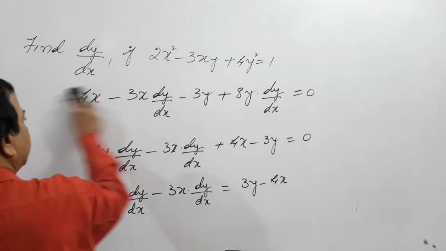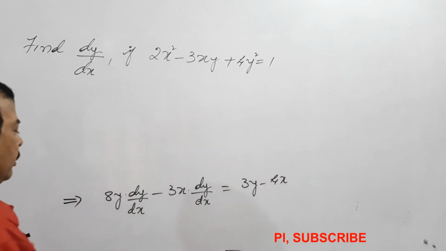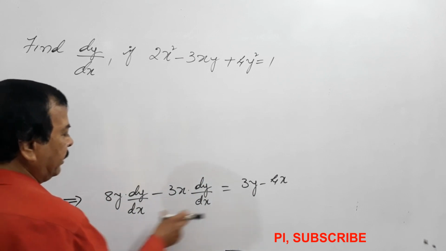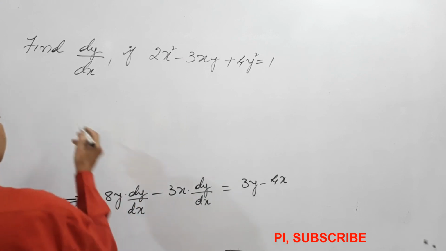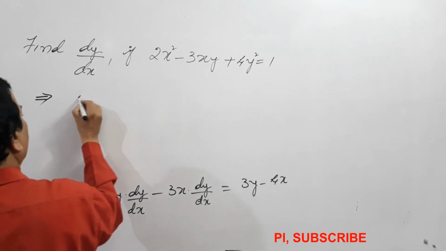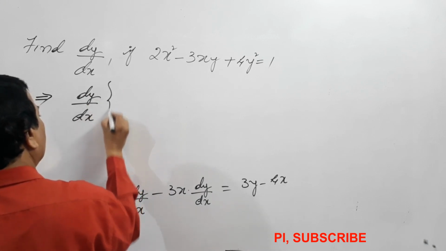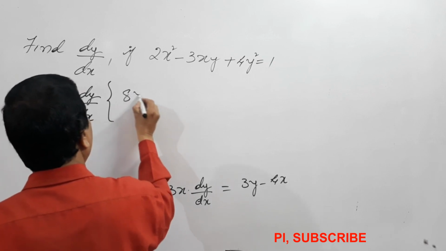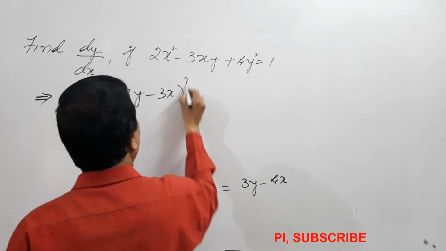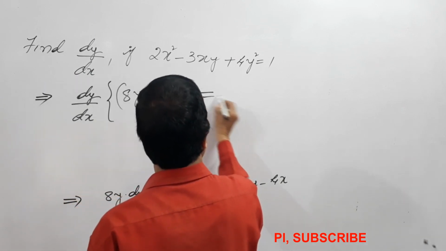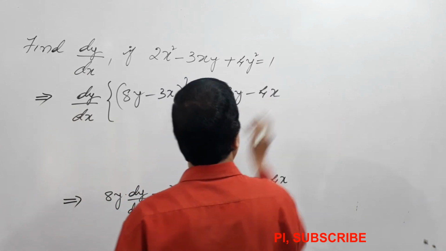So here this contains dy by dx, this also contains dy by dx. I'll take dy by dx as common. So this becomes dy by dx times 8y minus 3x equals 3y minus 4x.